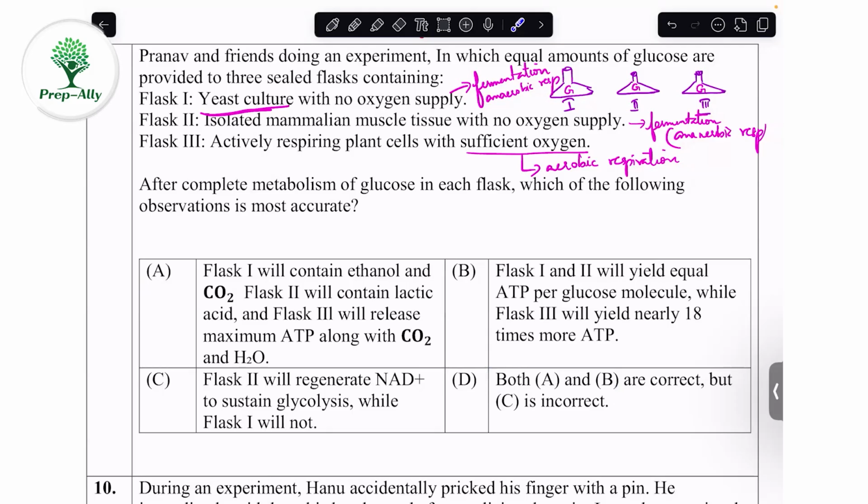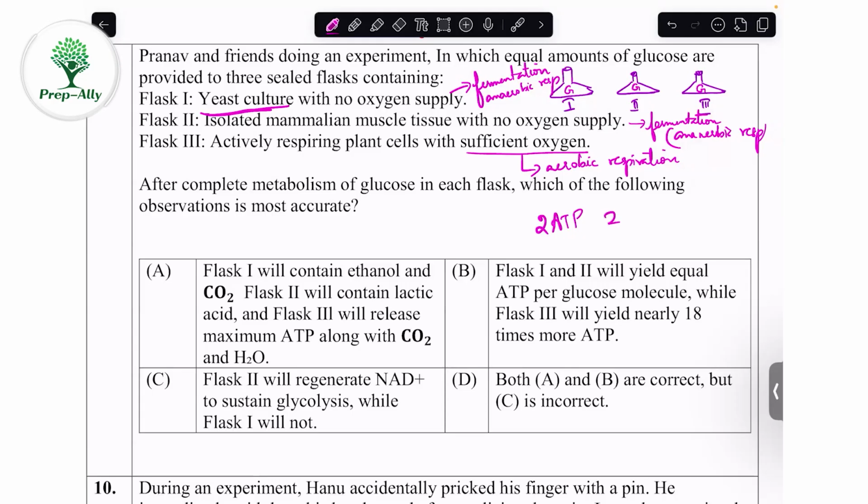Actually, this is correct, because class 1 and class 2 undergo anaerobic respiration, and in anaerobic respiration only 2 ATP are produced. So class 3 will yield nearly 18 times, that means 2 into 18, which gives 36.